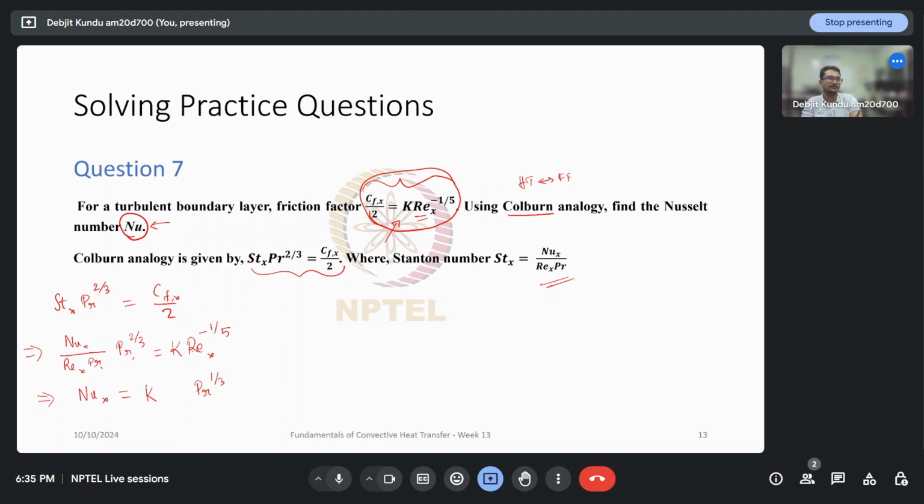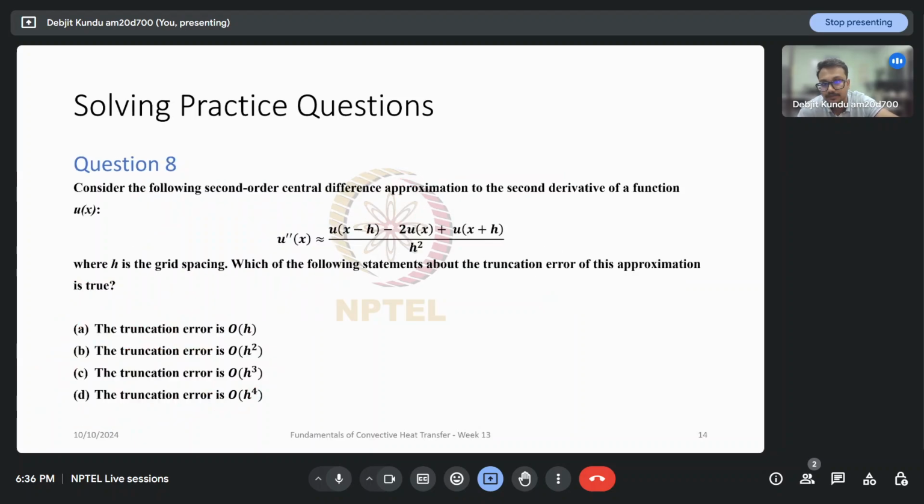If we shift it, it becomes 1, and 1 minus 1 by 5 is simply 4 by 5. So using the Colburn analogy, we could find what the Nusselt number is. In this way, it's very useful. All right, so let's move on.